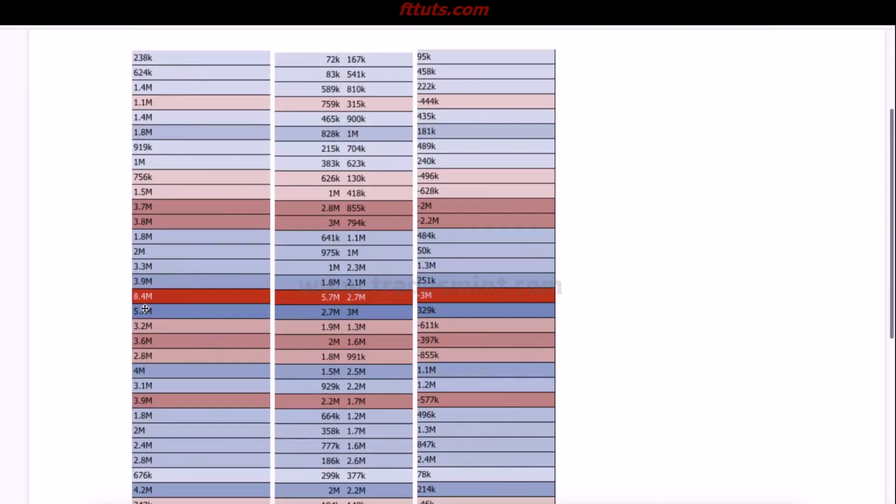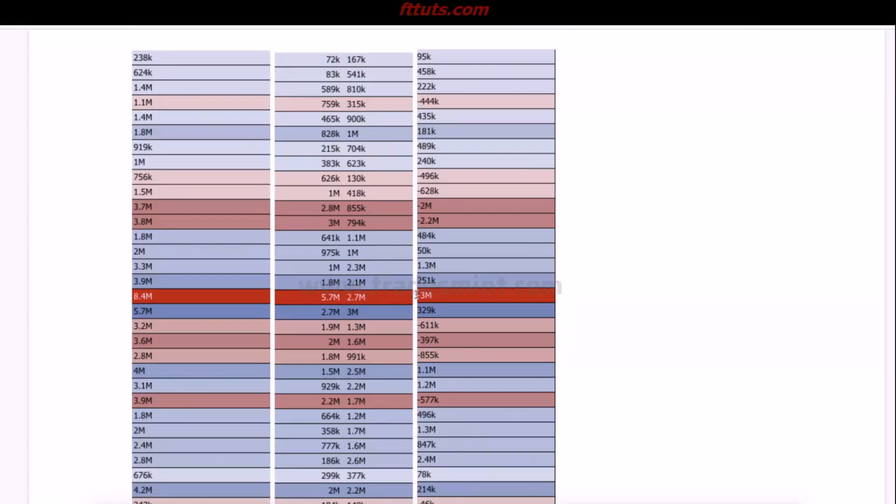For example, at this red little tick right here, we have 8.4 million. This means 8.4 million contracts were opened up on whatever exchange we're looking at on the footprint chart for this given tick. The same exact candle right here is showing us a bid-ask profile where we can see 5 million sells and 2 million buys.